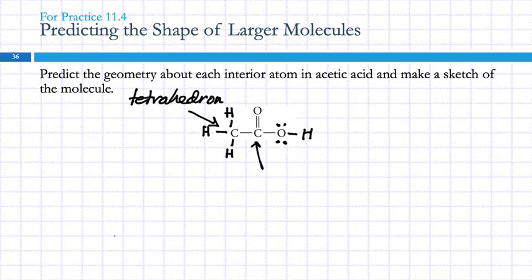What about the carbon? Trigonal planar. There's 3 groups, no lone pairs. And how about the water? Sorry, not the water, the oxygen. That's going to be bent.